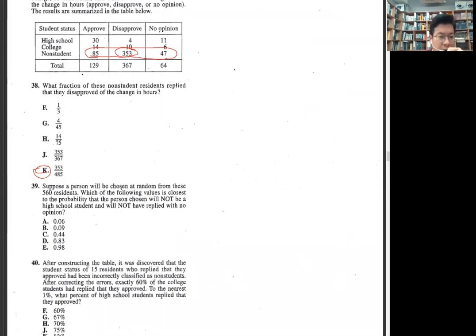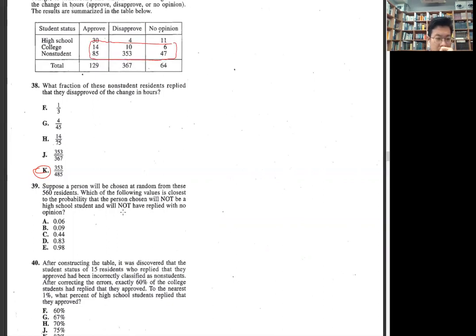Suppose a person is chosen at random from this list, 560. Find the closest probability that the person chosen will not be a high school student and will not have replied no opinion. These are not the high school students.